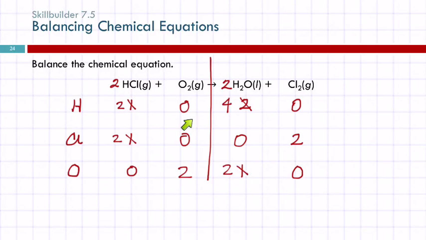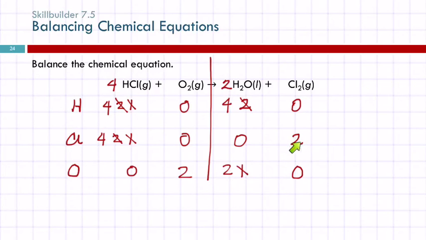Now I've got 4 hydrogens, and so I'm going to have to change this 2 to a 4. And so that's going to change this, and it's going to change that. 4 and 4. So the hydrogens are good. Now I messed up the chlorines. All right. It's okay. We can do this.